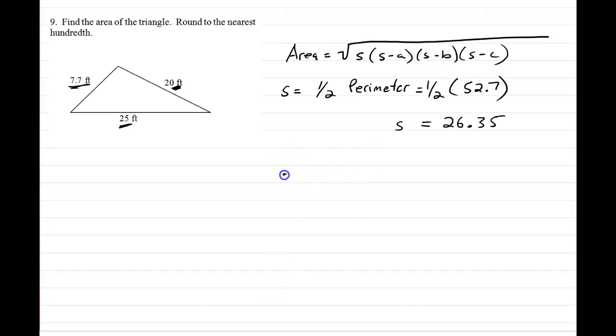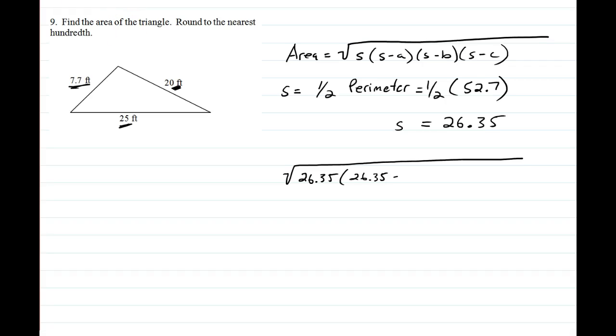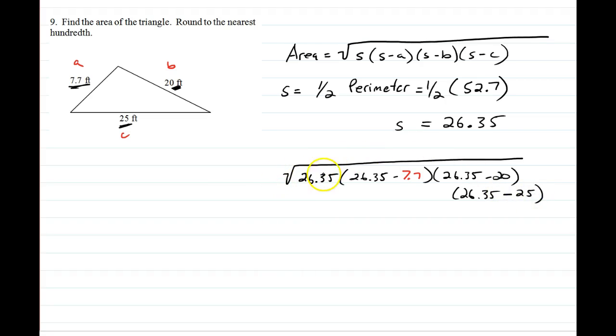So it's 26.35 times (26.35 minus, we'll have this be a, b, c, so minus 7.7), times (26.35 minus 20), and then (26.35 minus 25). So all the square root of all this.